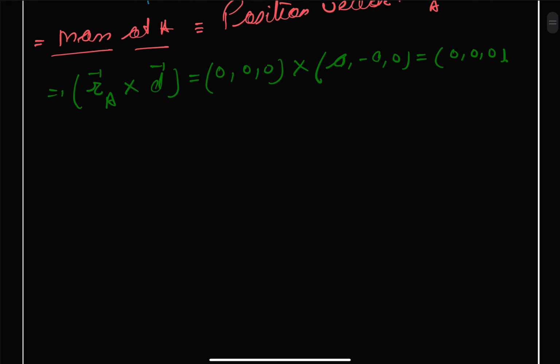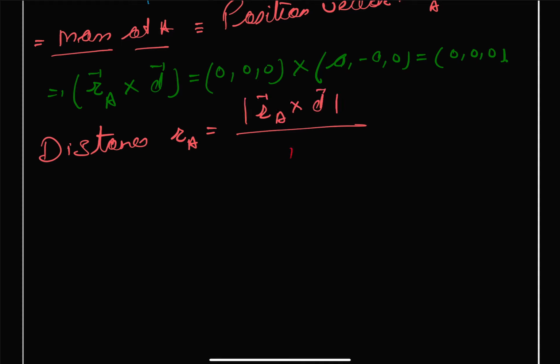Now we come to the perpendicular distance, that is our distance r of A. The general formula we have already written for it: the cross product magnitude divided by the direction vector magnitude. The cross product we found is 0, and the magnitude of d will be the square root of a square plus minus a square, which comes to 0.